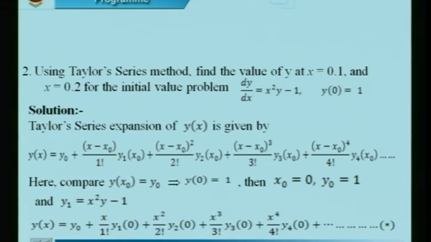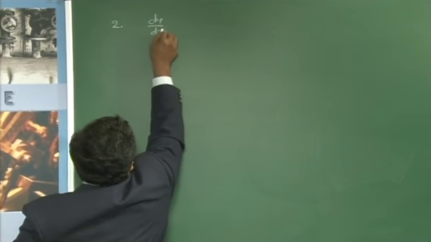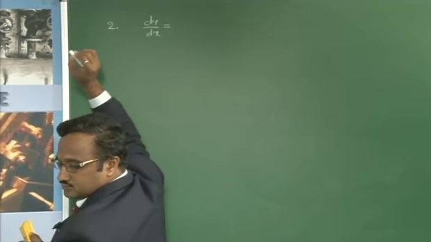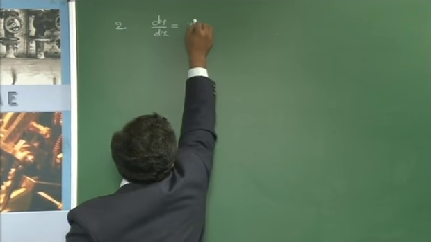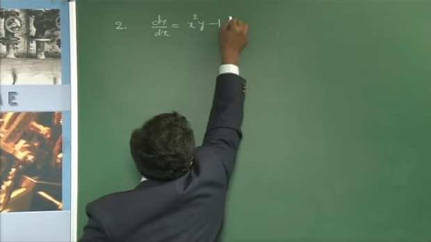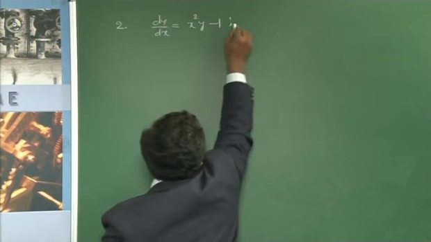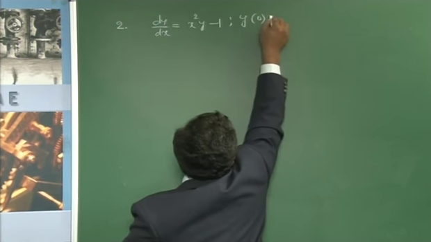Again, solve by using Taylor series method. Find the value of y at x equal to 0.1 and 0.2 for the initial value problem. So this one is an initial value problem, that is dy by dx should be equal to x square y minus 1, with y of 0 equal to 1.